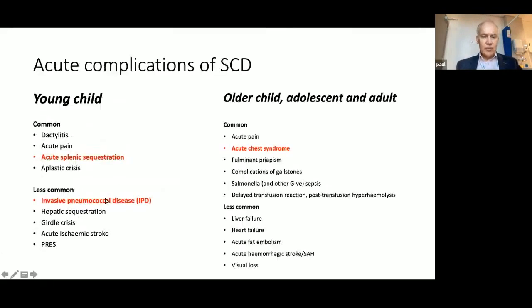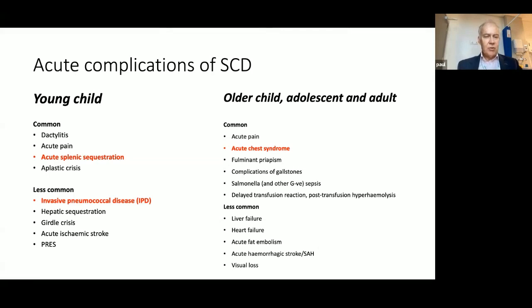Now, this is a list of common and not so common emergency complications that we see in young children on the left and in older children, adolescents and adults on the right. Again, this will vary a little bit depending on the context where you're being managed, in a developed country or a developing country, and this is really based on experience in the UK in our setting.